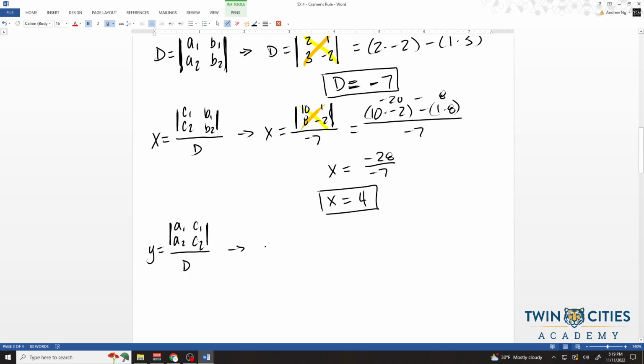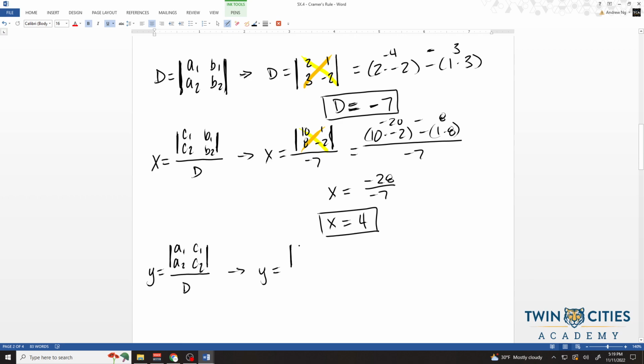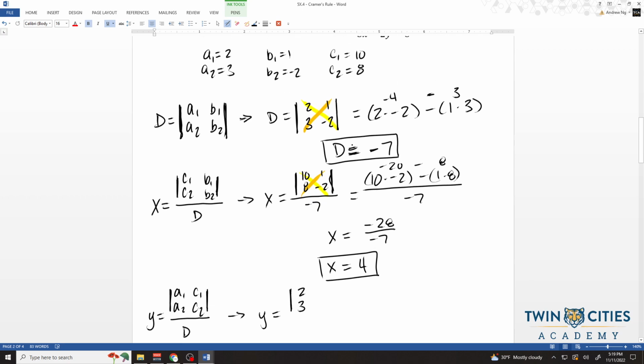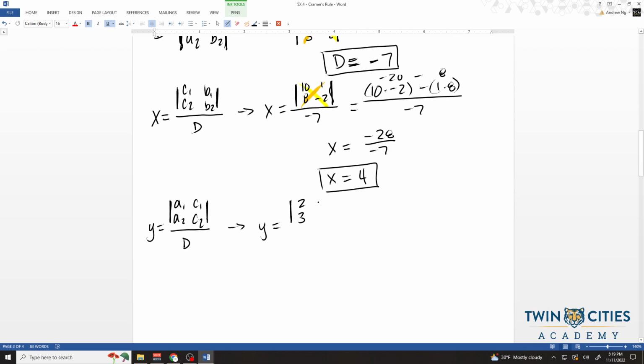Okay, so for us, y is equal to the determinant a1 and a2, which are 2 and 3, and then c1, c2 are 10 and 8, and I'm going to divide by d, which is negative 7.